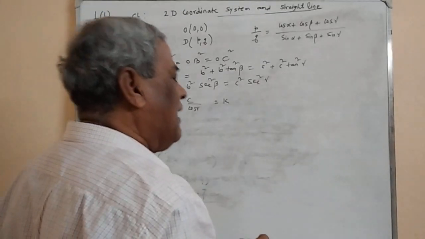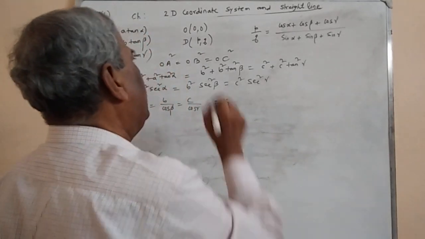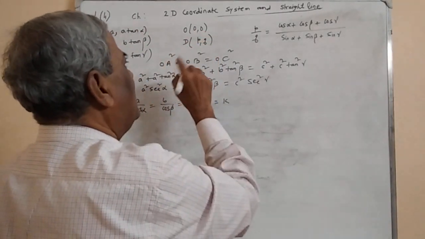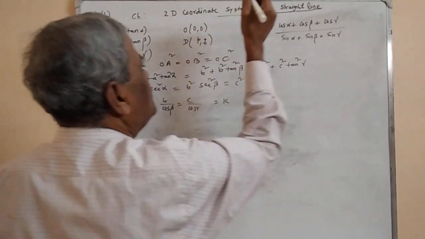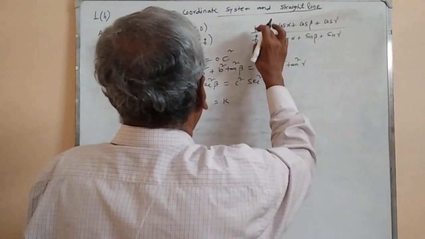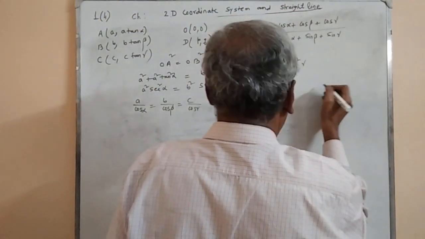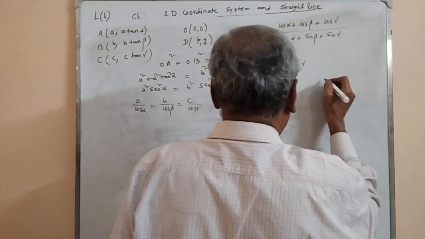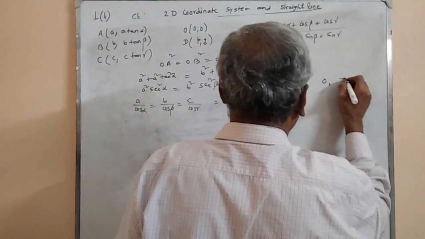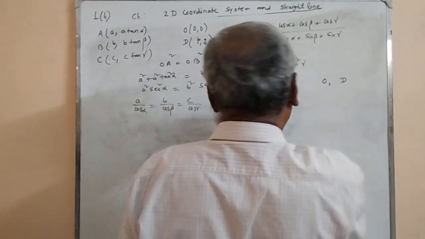Let the circumcenter be at O, the orthocenter at D, and the centroid, which is not given, we have to calculate.